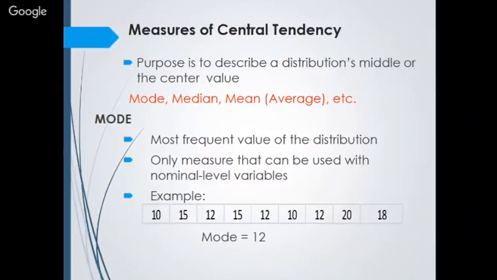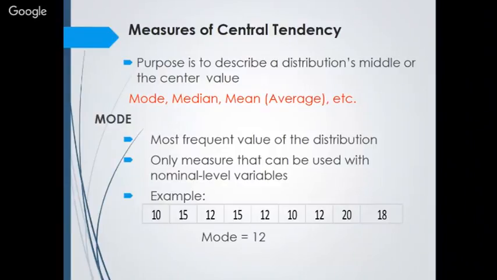The most popularly known measures of central tendency are mode, median and mean. Some other measures of central tendency are there, like geometric mean and harmonic mean. They are specific-purpose averages, so they are not included in this session. First we will go for mode.